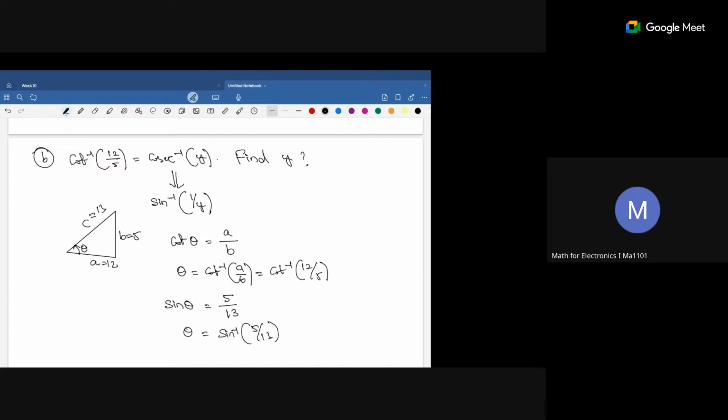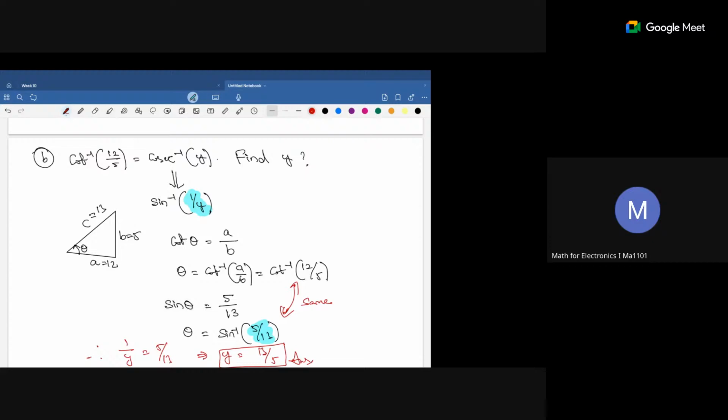Now these two are the same. So that means cot inverse of 12 by 5 is actually sine inverse of 5 by 13. Now we have to equate this 1 by y to this 5 by 13. Therefore 1 by y is 5 by 13. This implies y is 13 by 5. This will be our answer.